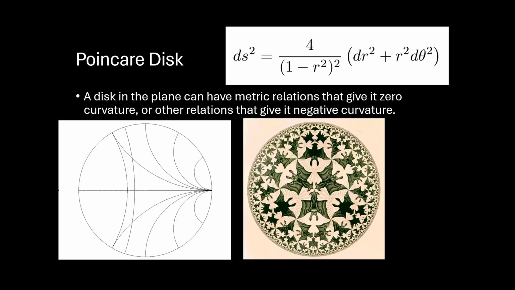We can change that metric a little bit by throwing in a factor of 4 over (1 minus r squared) quantity squared. Other than that, it's that times the same metric that we had for Euclidean space. However, this changes the geometry substantially.